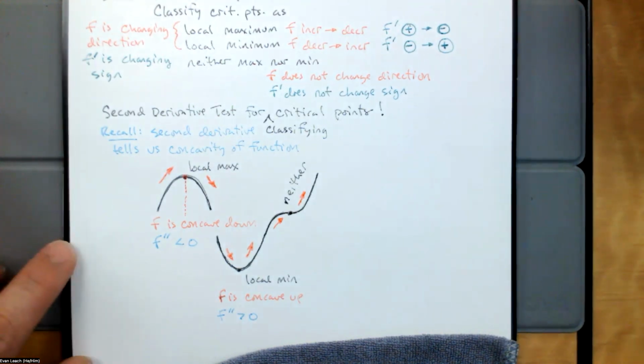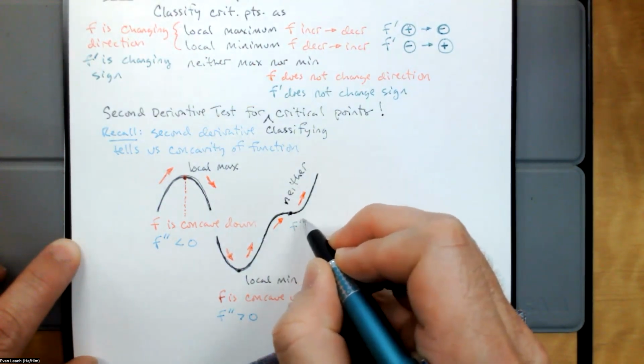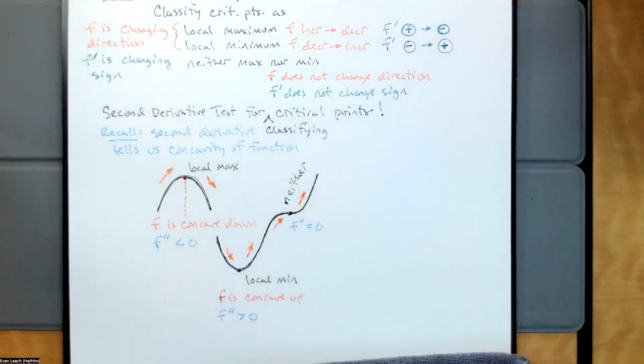So here's a case where f double prime is equal to 0. At this point, it's neither. And we should also point out that at this point, the function is changing concavity.